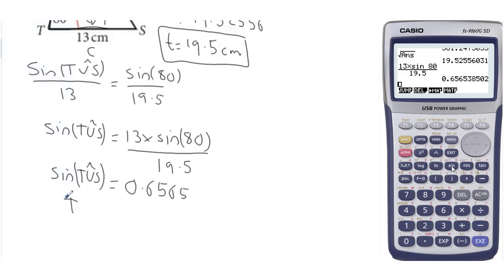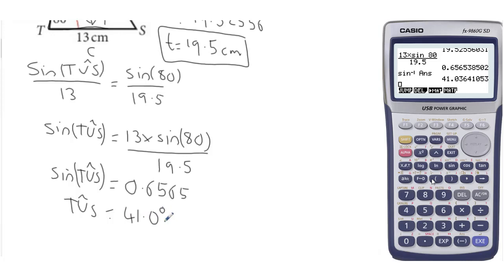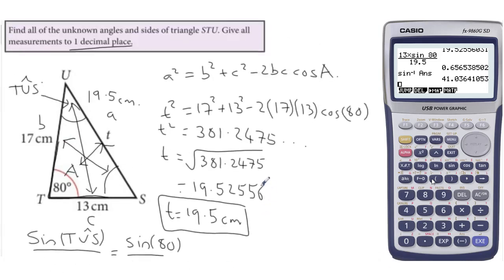And so the angle TUS must be the inverse sine of that. So shift sine ANS equals, that gives me an answer of 41.03, so 41.0 degrees. Go up to our triangle, put it on. So TUS here, and it looks reasonable as far as the diagram goes, so 41.0 degrees.